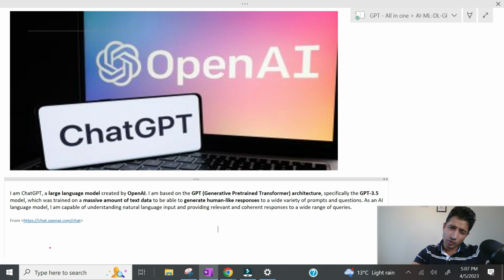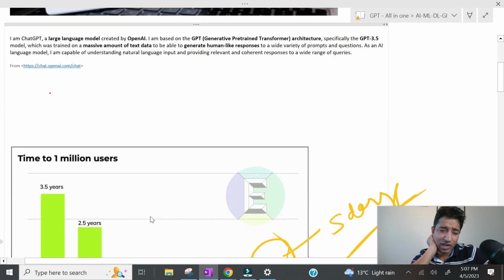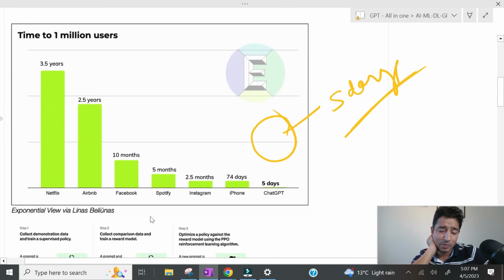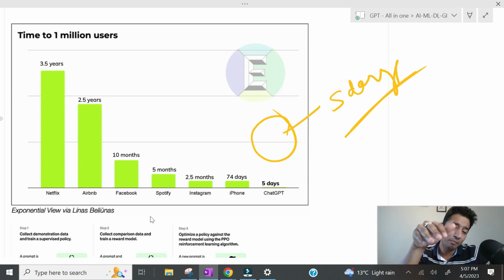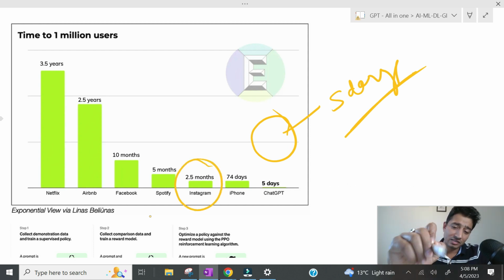In November 2022, when OpenAI released ChatGPT to the public, it became so famous that in 5 days 1 million people subscribed to it, right? When we compare how fast that was, Netflix took 3.5 years, Airbnb took 2.5 years, Instagram took 2.5 months, and ChatGPT took only 5 days.